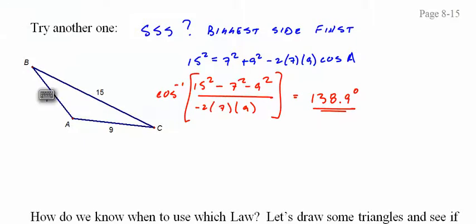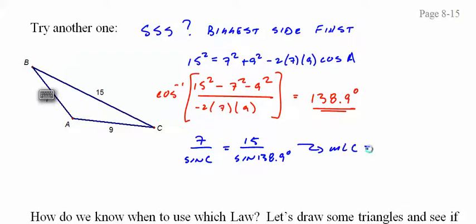Law of sines gets me the next one. I am going to do the small one, 7 over sine of C equals 15 over sine of 138.9 degrees. I think that's a good habit. Measure of angle C equals 17.9 degrees.